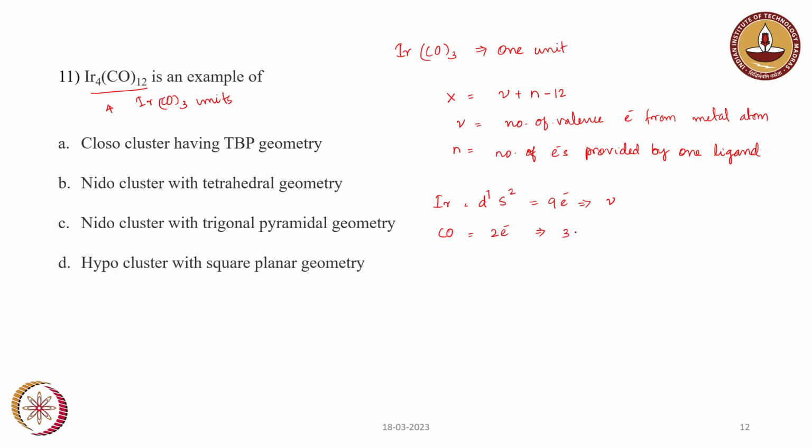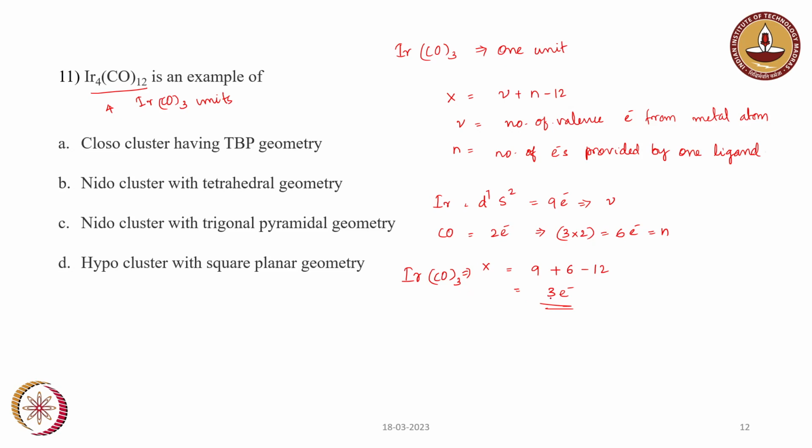So that will be 3 into 2 equal to 6 electrons, which is the n. So we can calculate x as 9 plus 6 minus 12, that is equal to 3 electrons. So one Ir(CO)3 gives 3 electrons.